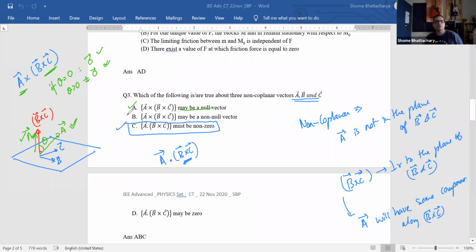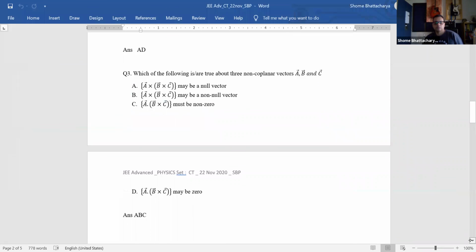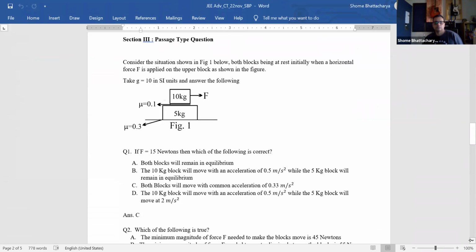It may be a non-null vector also. So both of them are correct. Okay, so it's very tricky, this one. Whereas this cannot happen, because A is definitely not in the plane of B and C. Okay, anybody has a doubt in the passage question?